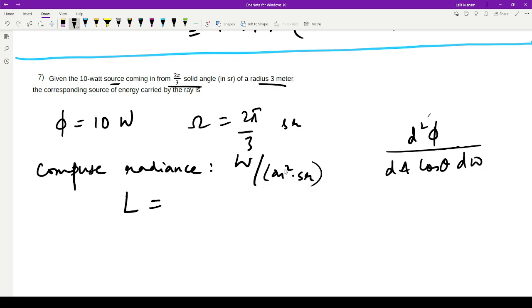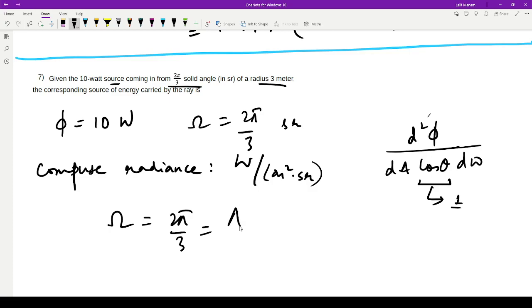That's what radiance means. Given that, we'll first find the area, since we have the solid angle of 2 pi by 3. What is cos theta here? We are assuming there is no foreshortening effect, so cos theta should be 1.